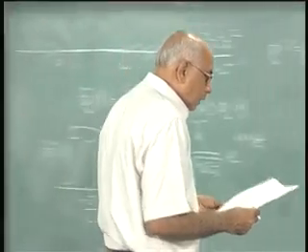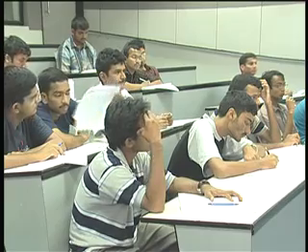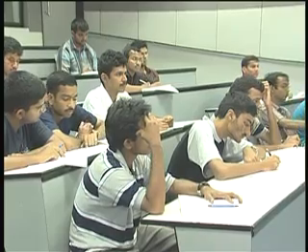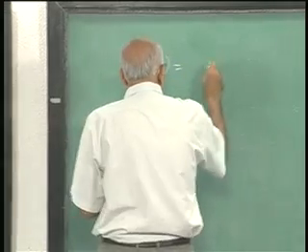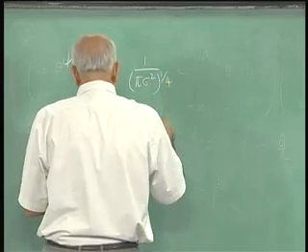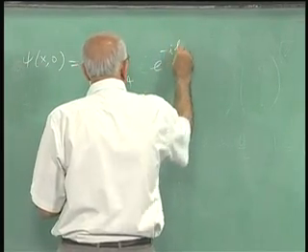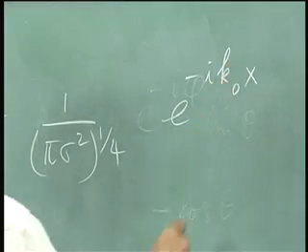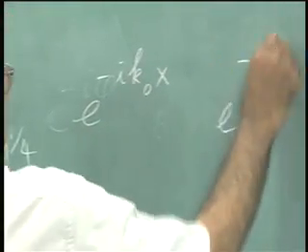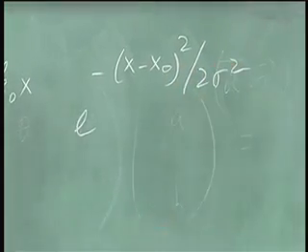Okay. In particular, for this wave packet, which is an interesting wave packet, psi of x0 equal to 1 over pi sigma squared to the power 1/4, these are normalization factors, e to the minus x minus x0 whole squared over 2 sigma squared.